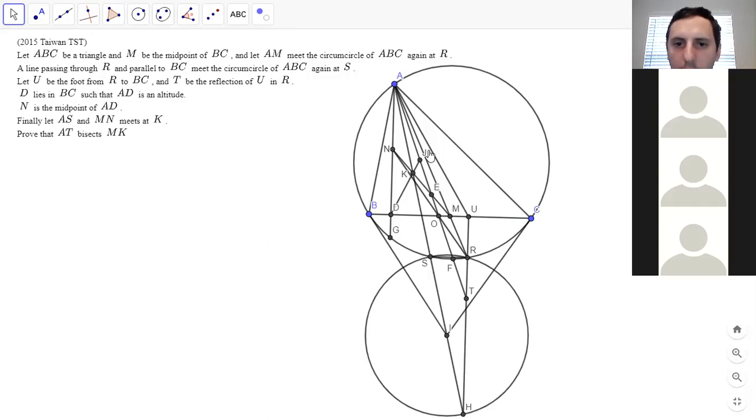We could just say that J is where DK intersects AF. So can we show JE over EO is OM over MU?